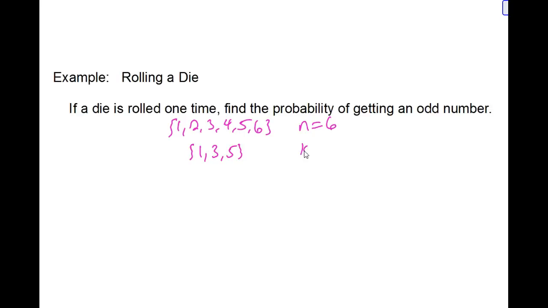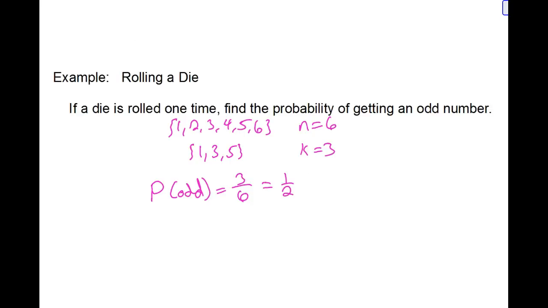So that means that our K is equal to 3. So the probability of an odd number is equal to 3 over 6, which we simplify into 1/2. Make sure that you always simplify your probabilities, either into simplified fractions or into decimal form. That is going to be a major key for us in this process.